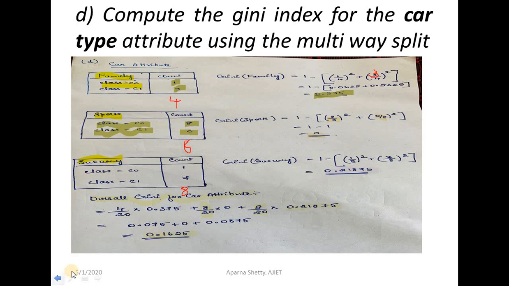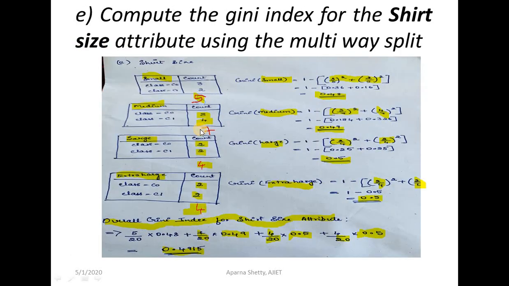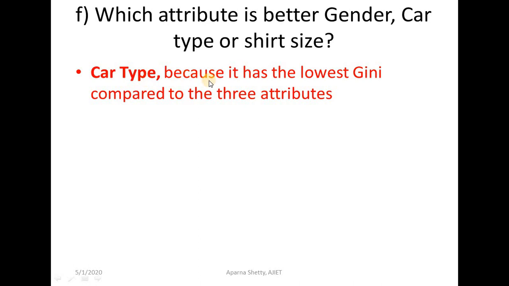So this is the smallest among the 3. Gini for the car type attribute is small. So the car type attribute is better compared to the 3 attributes, because it has the lowest Gini.